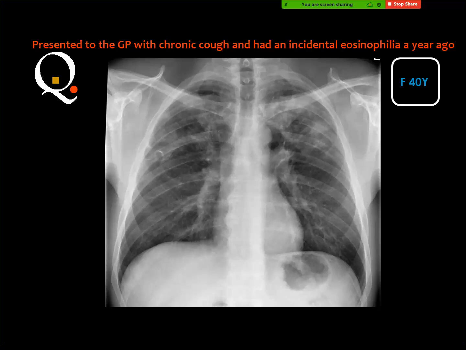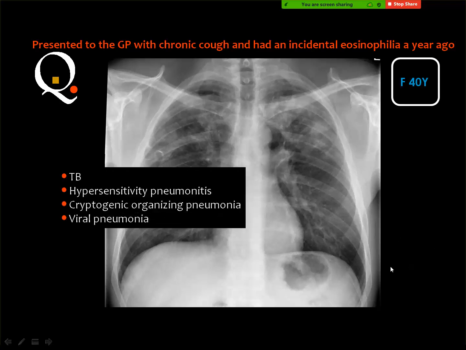Acute, chronic eosinophilic pneumonitis, cryptogenic pneumonia, aspergillosis. Because if you know that there is eosinophilia, you think of one of the eosinophilic syndromes like acute eosinophilic pneumonia or chronic eosinophilic pneumonia.